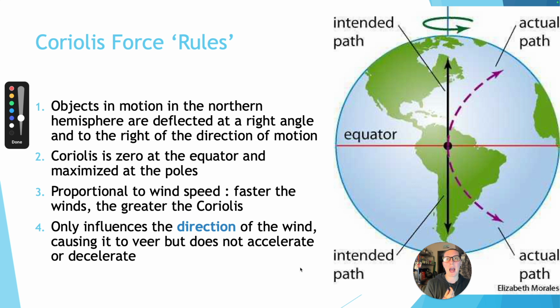When we're talking about the atmosphere, some of the main drivers of wind speed, for all intents and purposes, are pressure gradient, so how different are the pressures between one area and another, and then friction, which is really only applied near the surface. So if I were to ask you a short answer question somewhere, what are the 4 Coriolis force rules? This would be the resource to utilize.